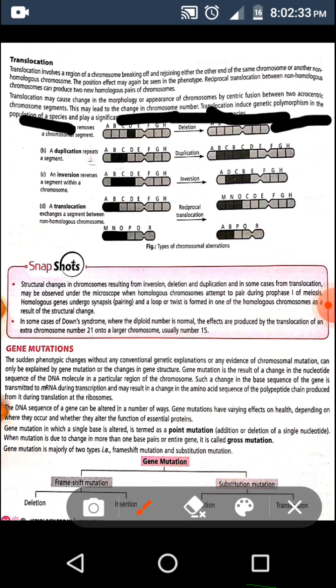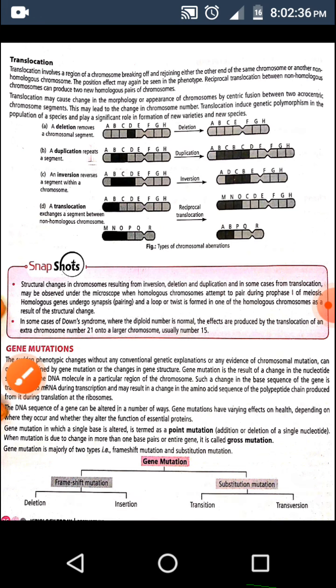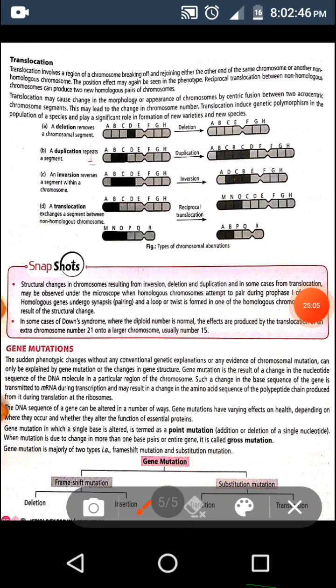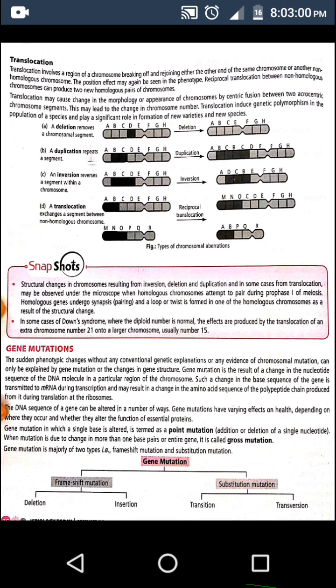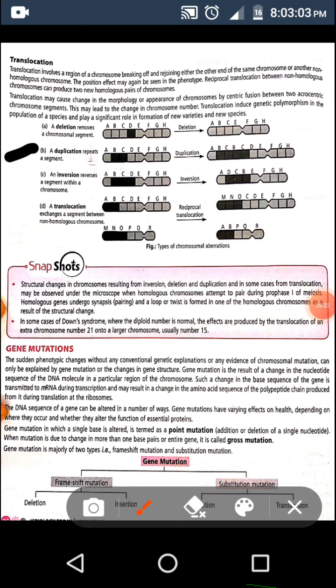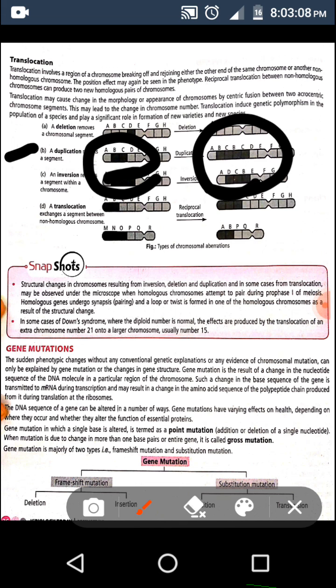So in this way the structural change in the chromosome is mainly studied through these four subheadings: deletion, duplication, inversion and translocation. In deletion, a part of the segment gets deleted from the chromosome, resulting in a structural change. In duplication, a part or segment of the chromosome gets doubled or duplicated, and the duplicated region may change the structure of a chromosome.